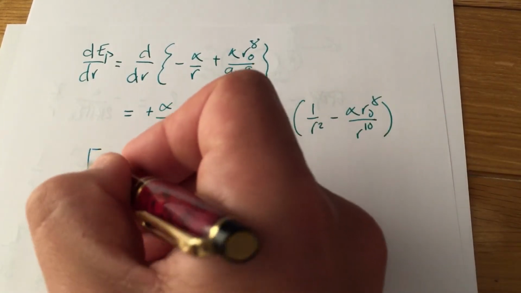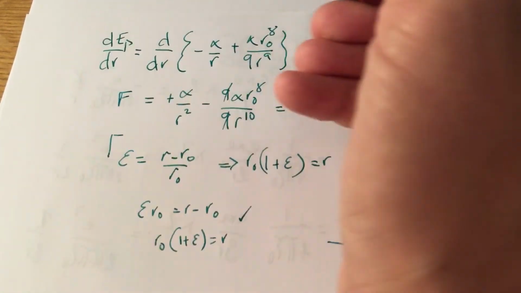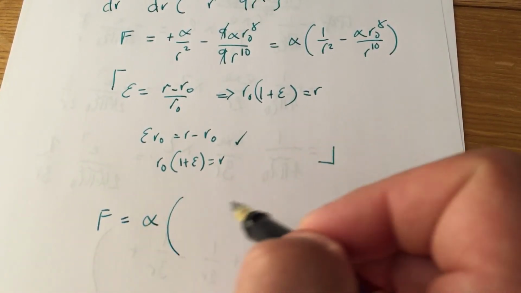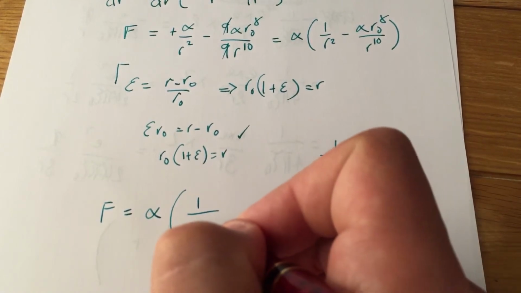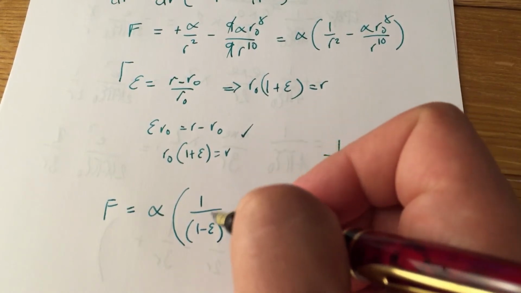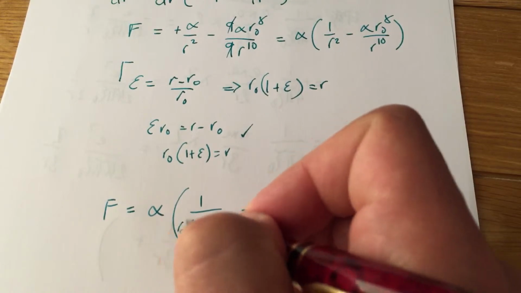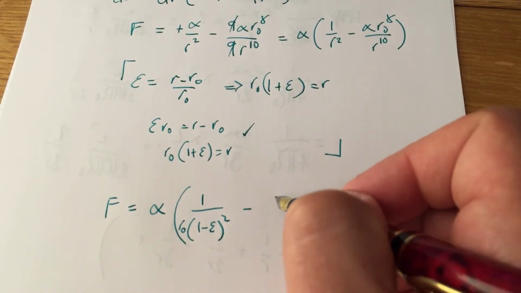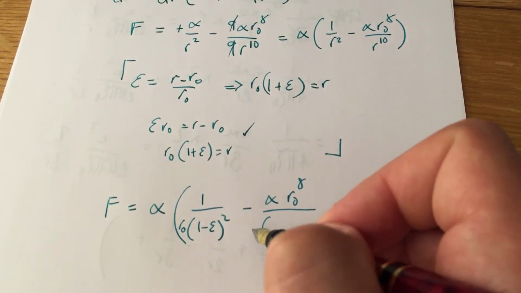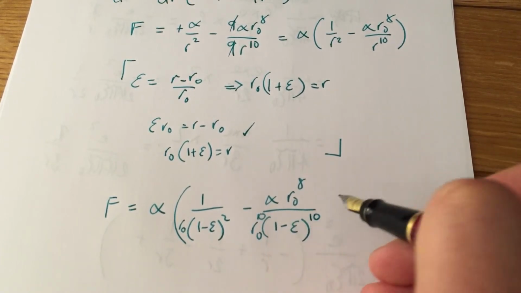So we're now left with, of course, this is the force. So the force is going to be alpha, 1 over 1 minus eta squared, r naught 1 minus eta squared, minus alpha r naught to the 8 over r naught 1 minus eta to the 10.